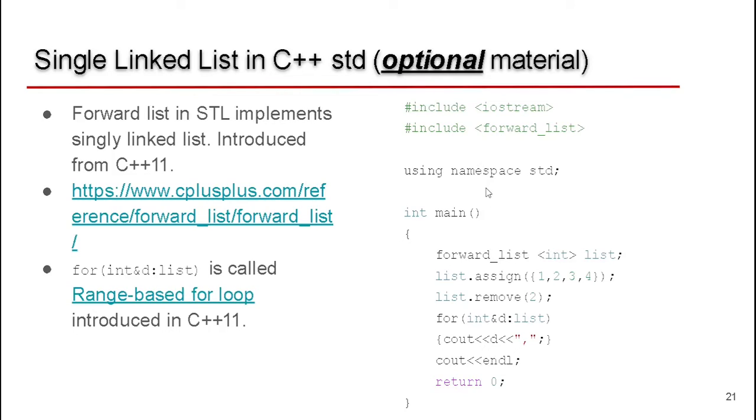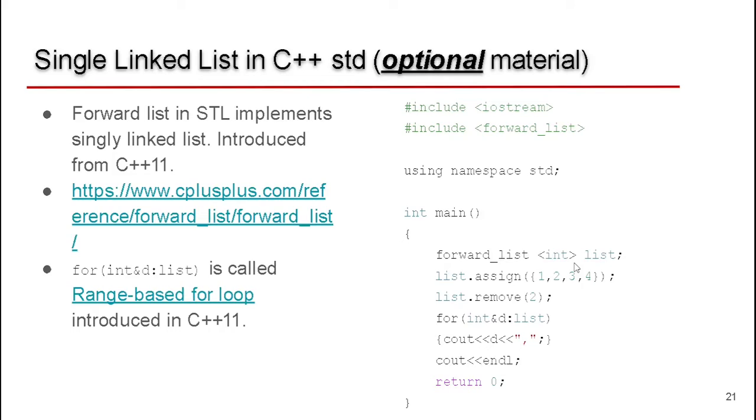So here you have a library called forward list, and from this library, you can create a list this way. You say forward underscore list. This is the name of the data type, and you specify the value, the node type.